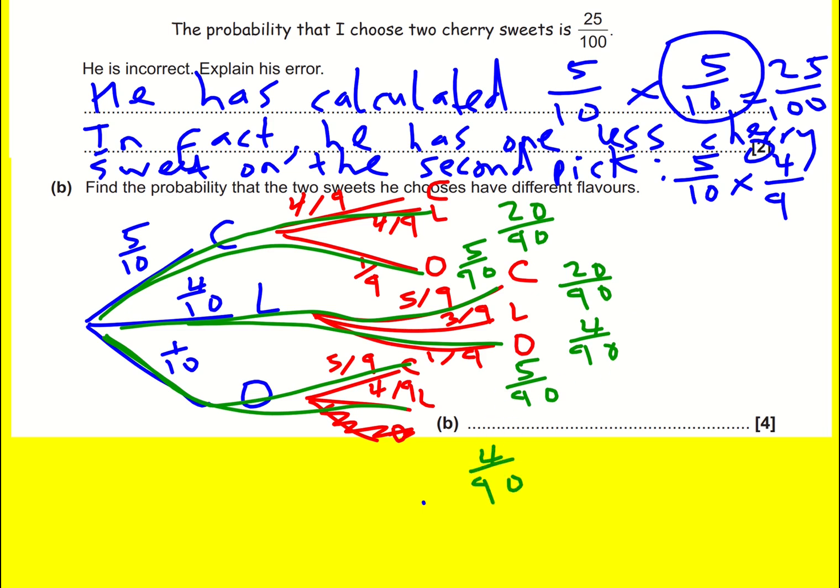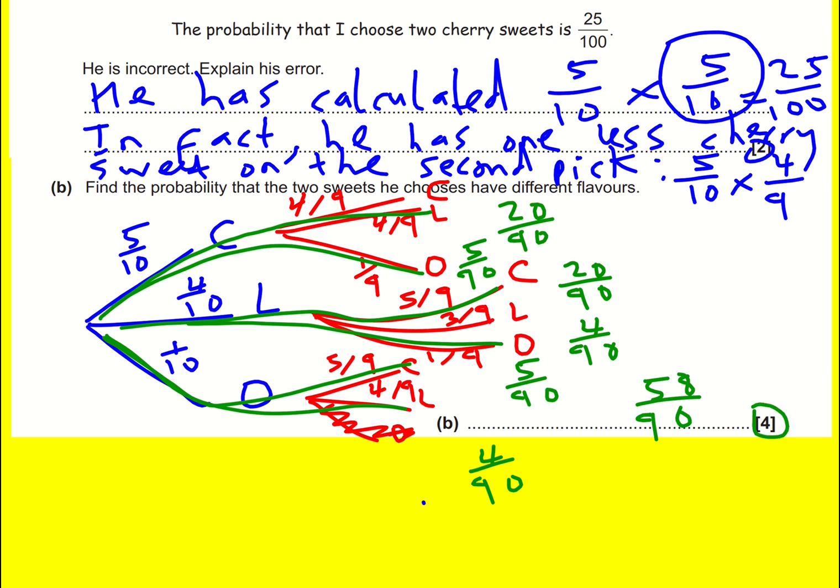So I can add all those up. The denominators are all the same, so I'm just going to add the numerators: 25, 45, 50, 58. And you don't have to simplify these fractions for probability questions. 58 over 90 is the answer.